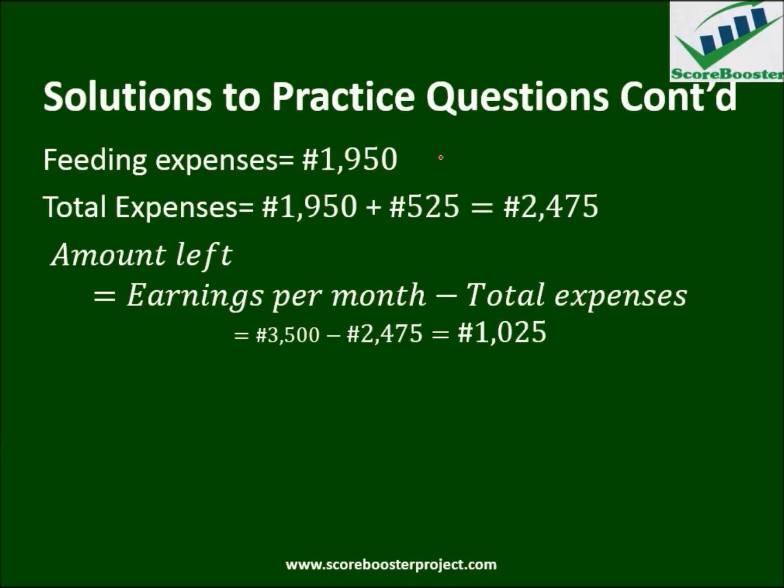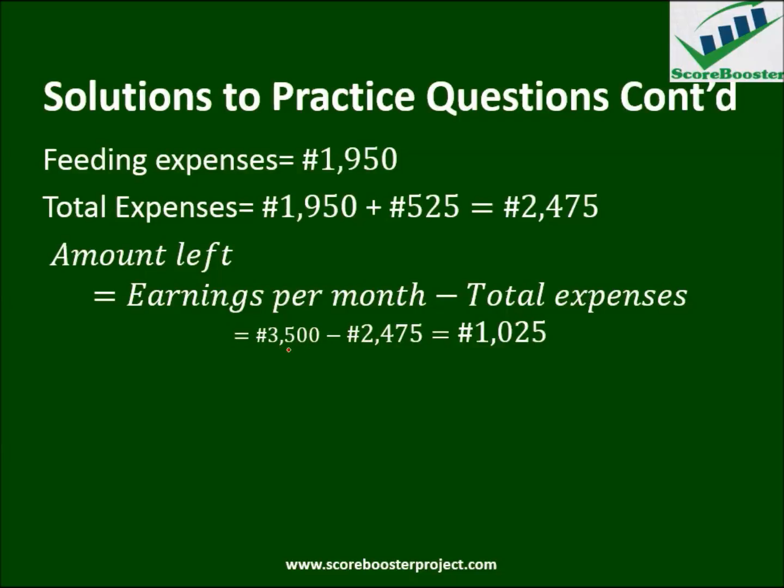So the total expenses of the man is the feeding expenses plus the education expenses, and by adding the two, we arrive at 2,475 naira. So the amount left will be the earnings per month minus the total expenses incurred.